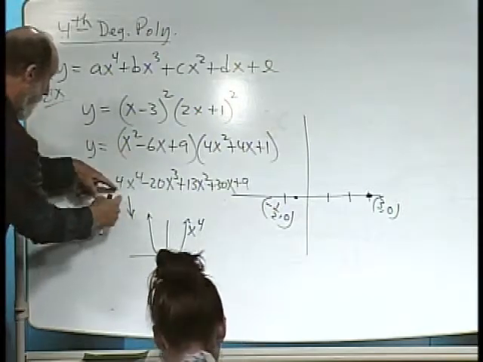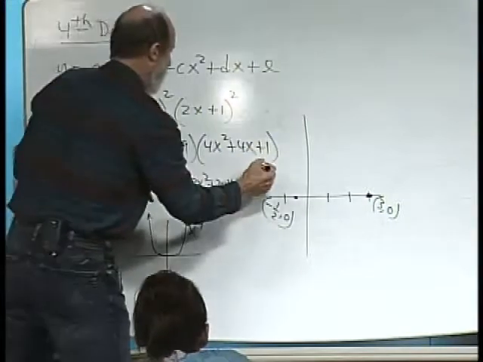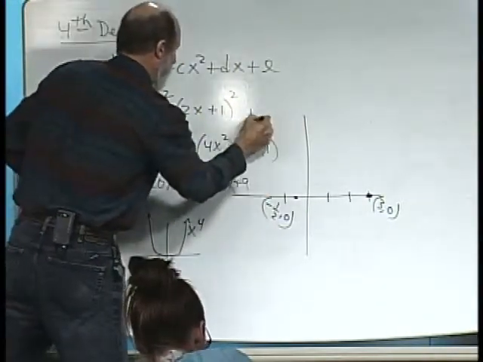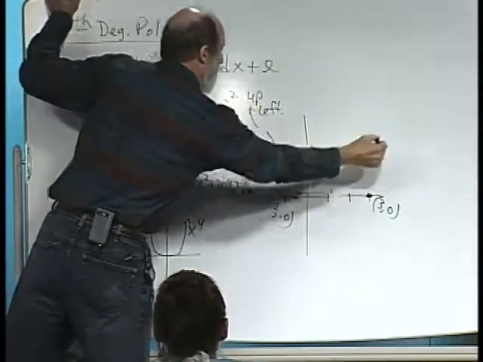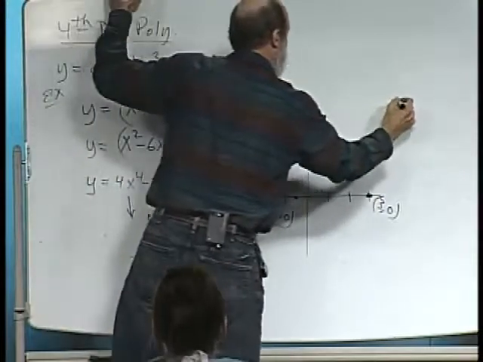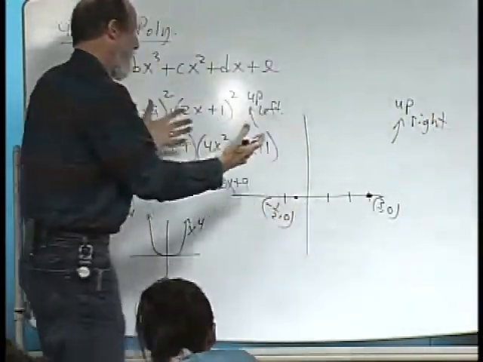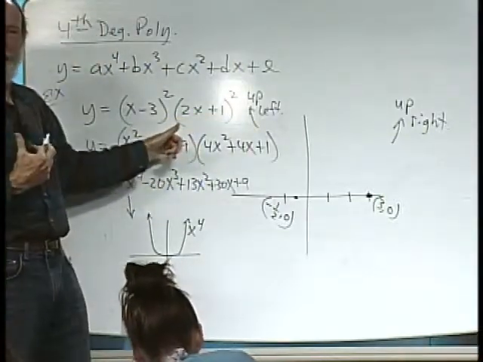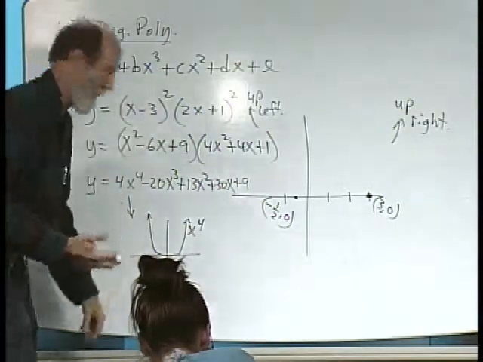And stretched by a factor of 4, so tall and skinny. In other words, up left, up right. So we're going to see, sorry it's so messy up here, up left behavior, and we're also going to see up right behavior. Do you see the connections between what we're doing here and what we did earlier with the cubic and even the quadratic? See the patterning? Okay.